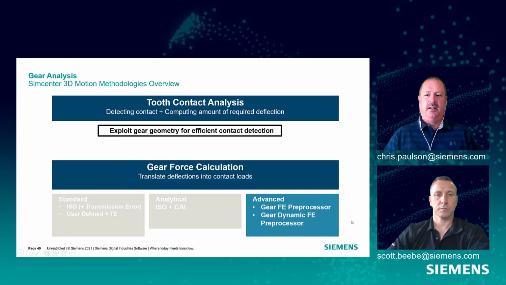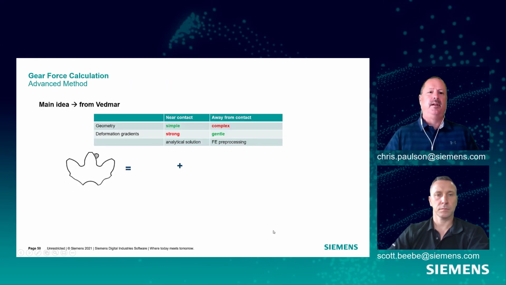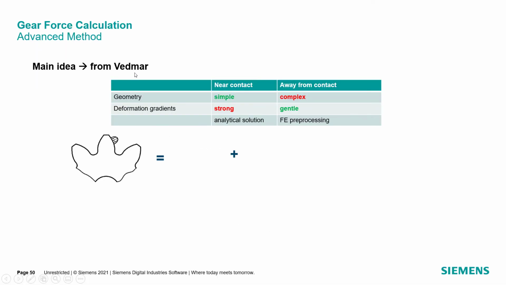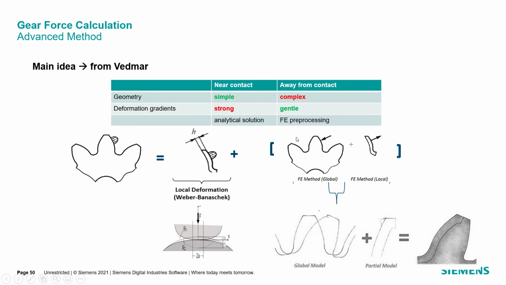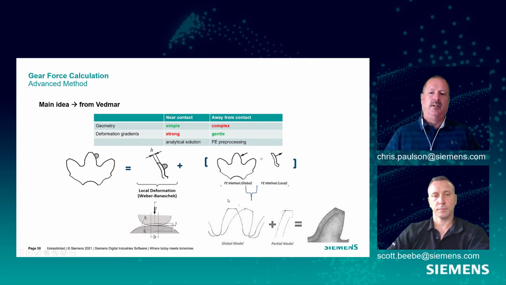So let's talk about some advanced FE methods that allow us to take into account the varying stiffness of the blank. Basically, we get the main idea from research done by Vedmar, where near contact, the deformation gradients are strong. We know the point of contact, and we can use an analytical solution. But away from the contact, the gradients are very gentle, and we would want to use FE models to understand the stress gradients as we transition, as we get away from the tooth, we go down the blank of the gear to get to the shaft.